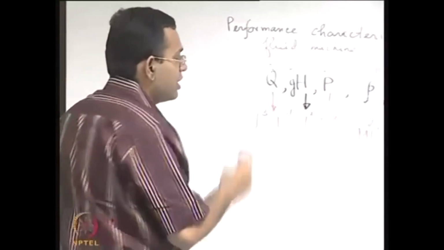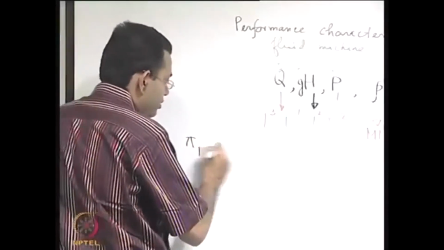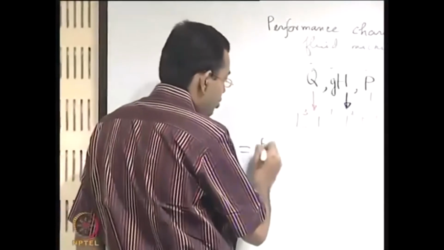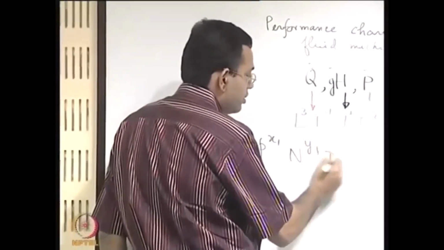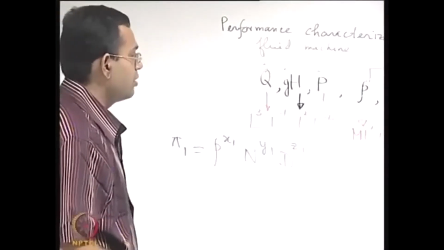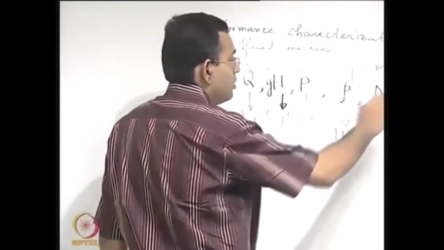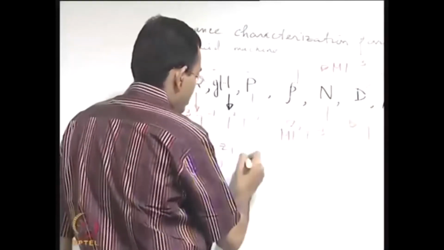So let us say that rho n d are repeating variables, then pi 1. So pi 1 we call as rho to the power x1, n to the power y1, d to the power z1, and then maybe one after the other each variable. So let us say mu.